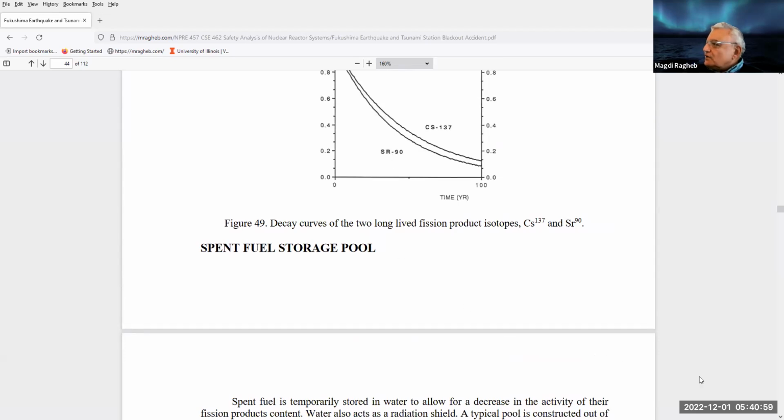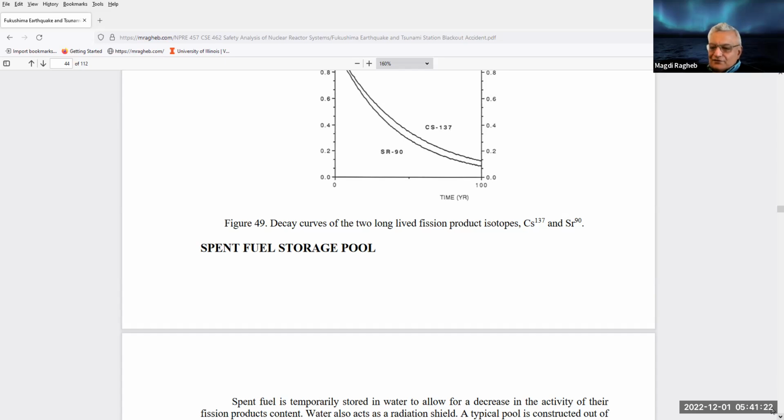Interestingly enough, each one of us here, if we are put through a whole body counter, we can detect some trace amounts of strontium-90 in our body, and that remains from the testing of nuclear weapons in the atmosphere in the 1950s. So the fission products remained in the atmosphere and are still settling down to the ground.